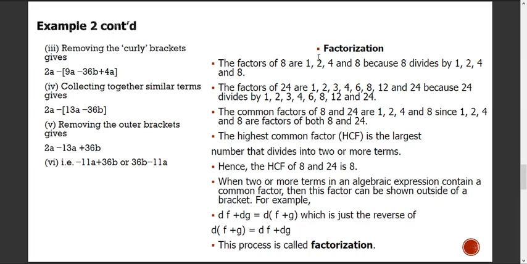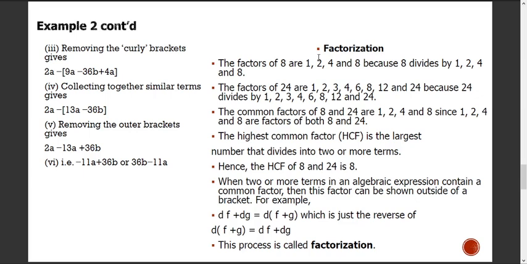Also 8 divides itself to get 1. So 1, 2, 4, and 8 are all factors of 8. Meaning we can express 8 in terms of 1, 2, 4, and 8.